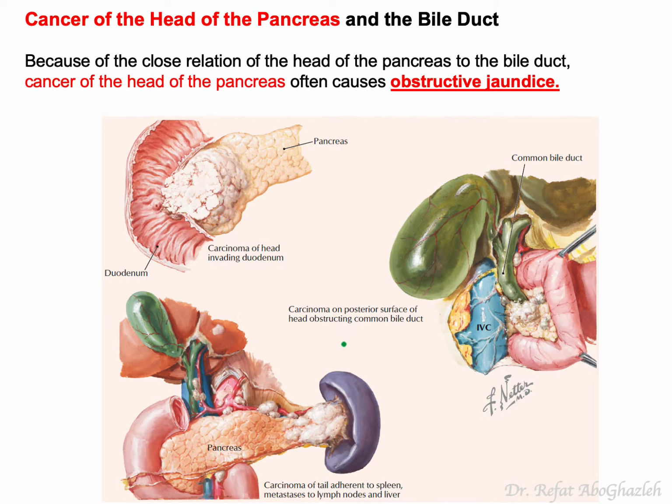Now, unfortunately, guys, sometimes cancer of the head of the pancreas is a big problem, especially because of the anatomical relations. If you look here at the blood supply of the head of the pancreas and its relation to the bile duct, this is a posterior view, right?